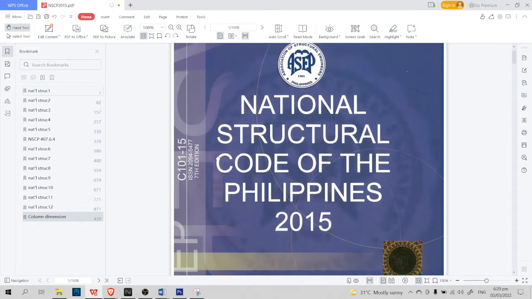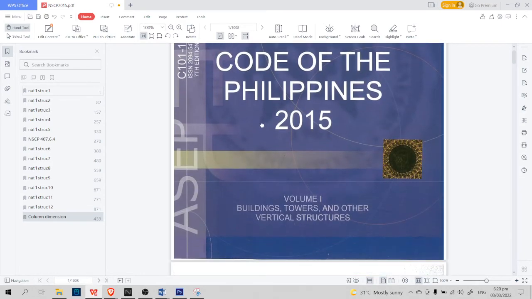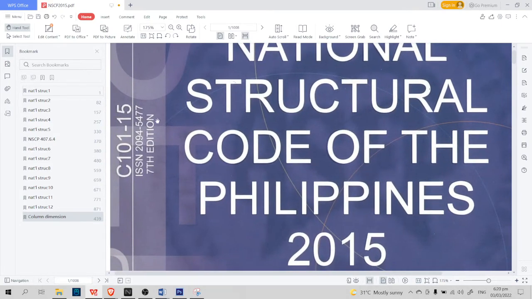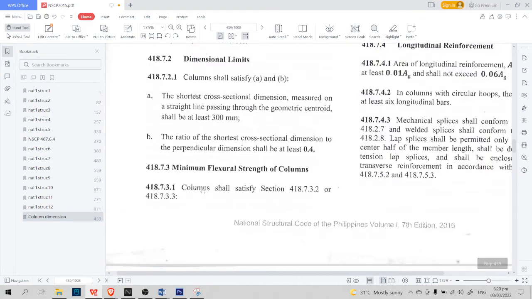But in some, yun nga, nag-second print sila. Dun sa mga yun, you determine it as may nakalagay dito sa portion na ito. Second printing nakalagay. So, sa second printing, ang nakalagay na dito is 250 mm.